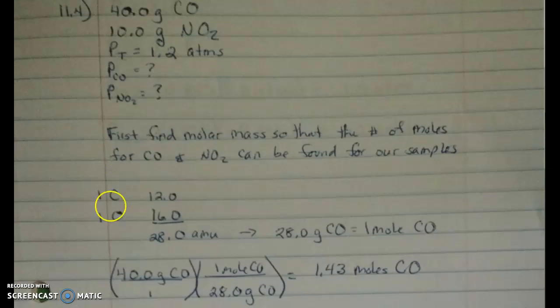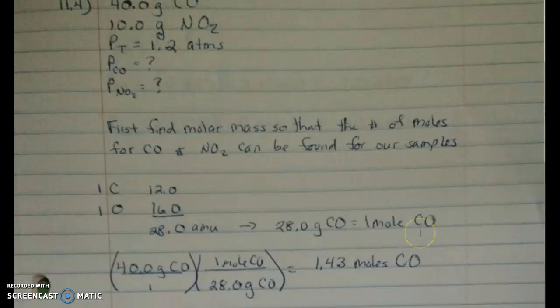So we go back to the standard molar mass. One carbon is 12.0 AMU, one oxygen is 16.0 AMU, for a total of 28.0 AMU. This is the mass of one molecule of carbon monoxide. That tells us that if we weigh out in the lab 28.0 grams of carbon monoxide, that will contain 1 mole of carbon monoxide.